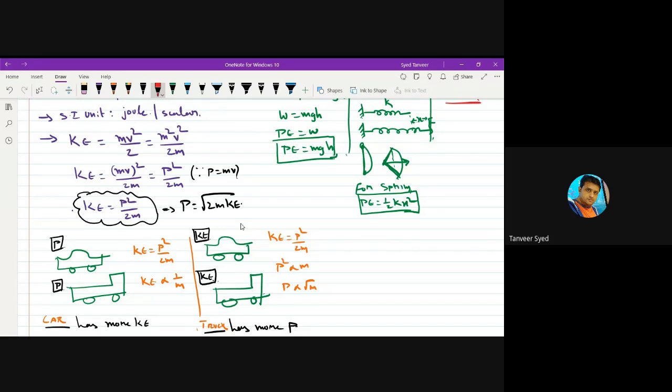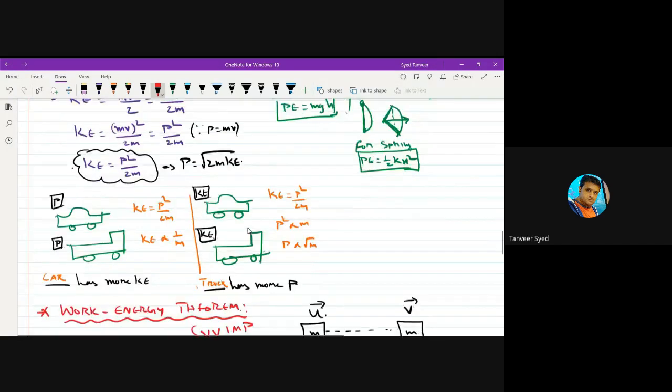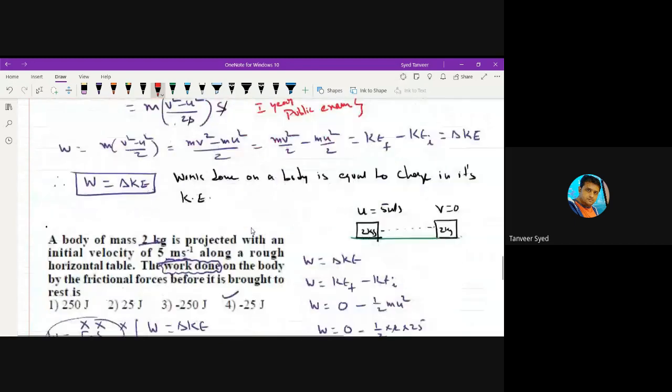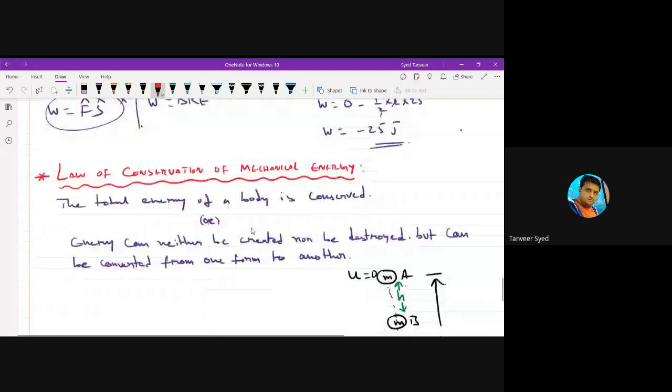Due to its speed, it has kinetic energy. Due to its height, it has potential energy. So a flying aeroplane, a flying bird, anything moving at a certain height will have both kinetic and potential energies. Then the total energy will be the sum of its kinetic and potential energies. So simply if you add kinetic and potential energies of a body, you will get its total energy.